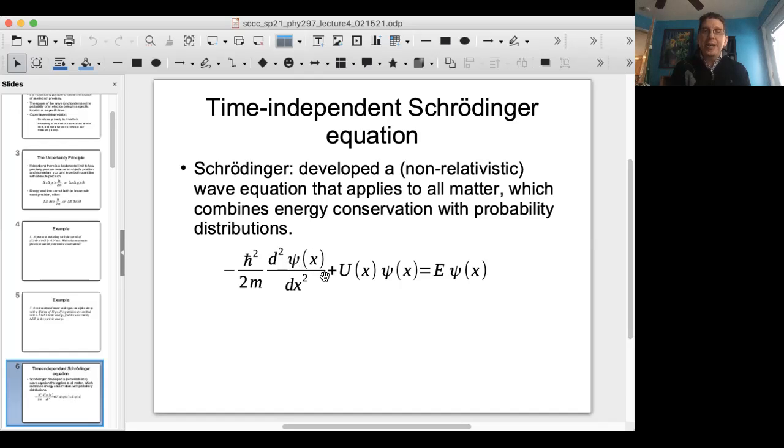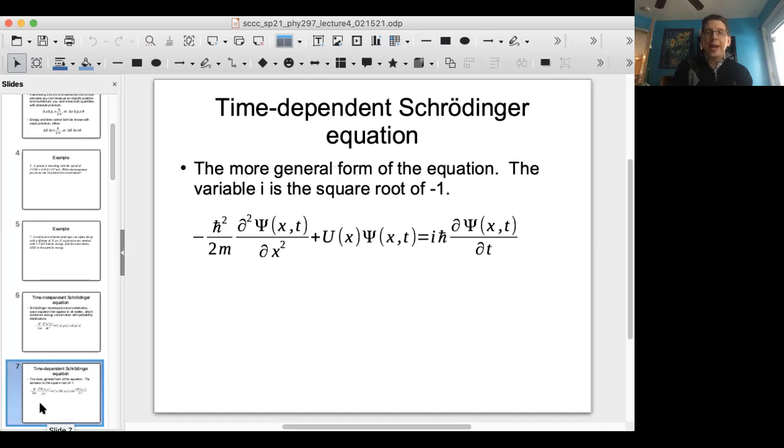So you have that plus the potential energy times the wave function is equal to the total energy times the wave function. So this is non-relativistic, time independent. With time dependent, you need to get into complex numbers. So you have a total energy operator that's equal to i times h bar times the partial derivative with respect to time.